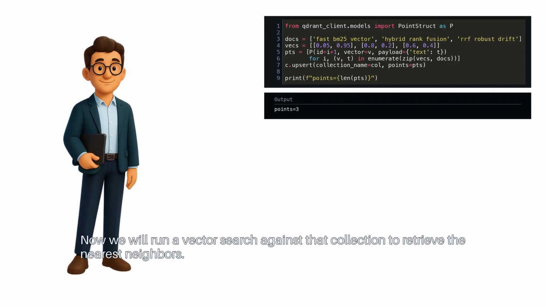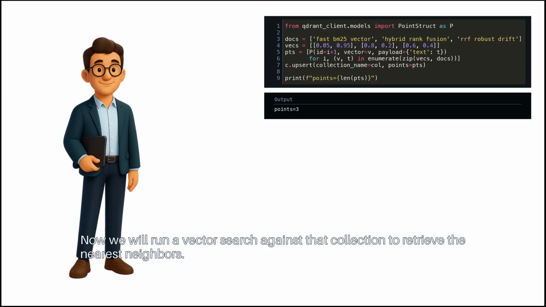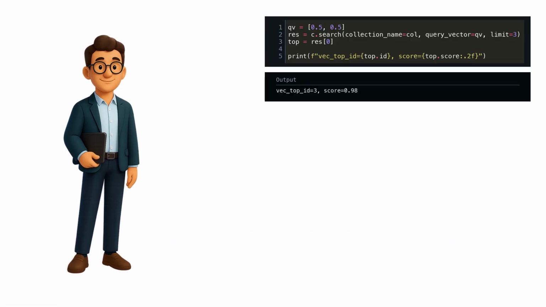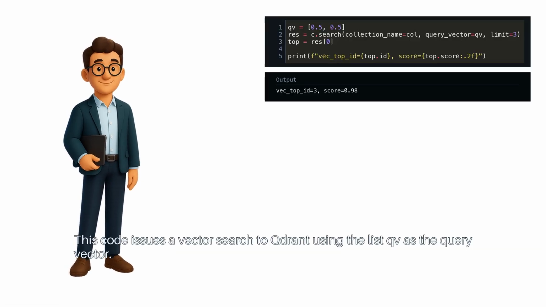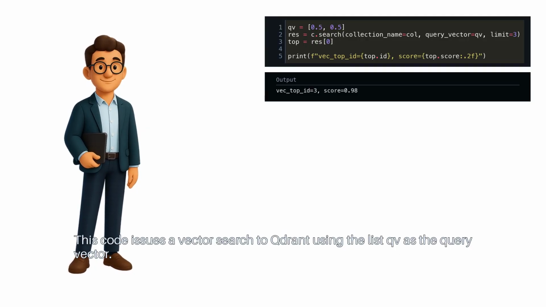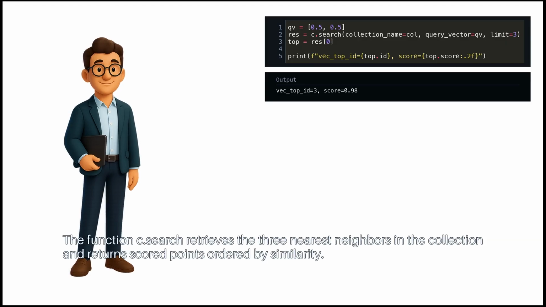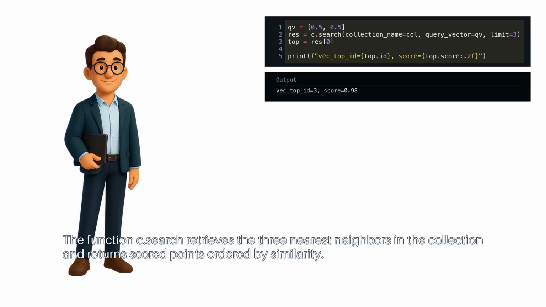Now, we will run a vector search against that collection to retrieve the nearest neighbors. This code issues a vector search to Qdrant using the list qv as the query vector. The function c.search retrieves the 3 nearest neighbors in the collection and returns scored points ordered by similarity.